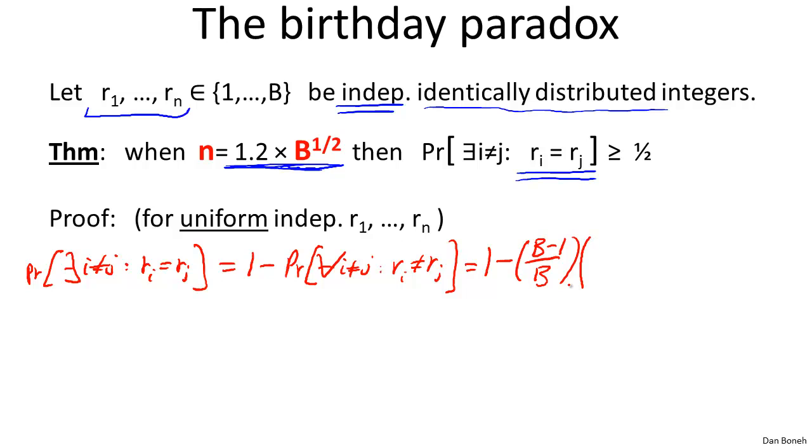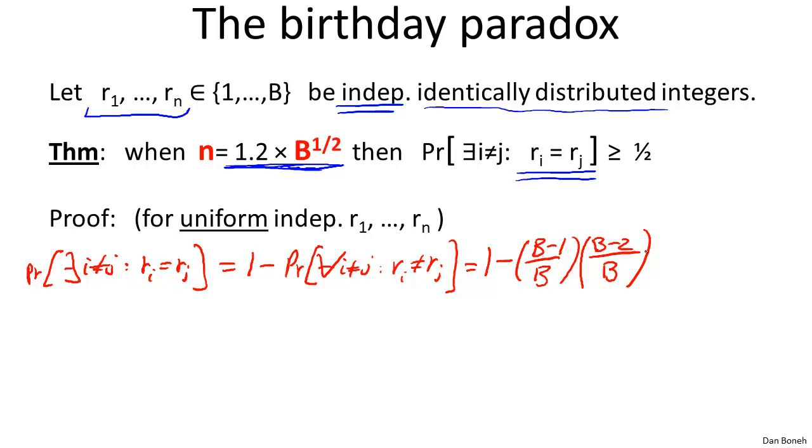Similarly, when we pick R3, what is the probability that R3 does not collide with either R1 or R2? Again, R1 and R2 take up 2 slots, and so there are b minus 2 slots that remain for R3. If it falls into either one of those b minus 2 slots, it's not going to collide with either R1 or R2. So I imagine you see the pattern now.